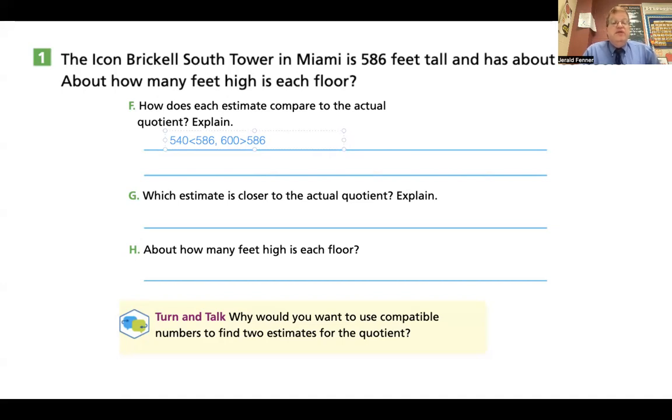It's closer to 600. So the actual estimate that would be better would be 10. About how many feet high is each floor? 9 to 10 feet.